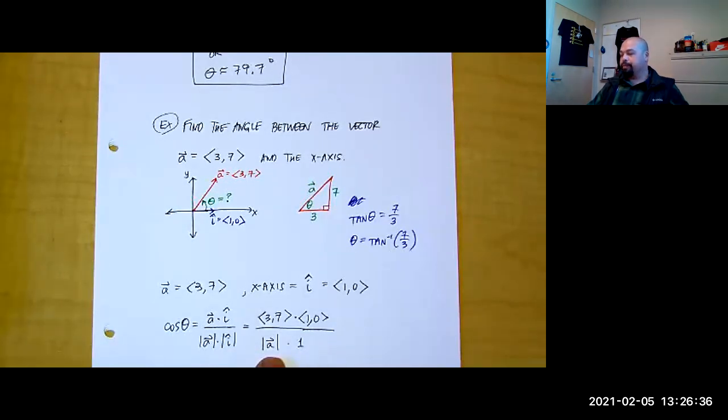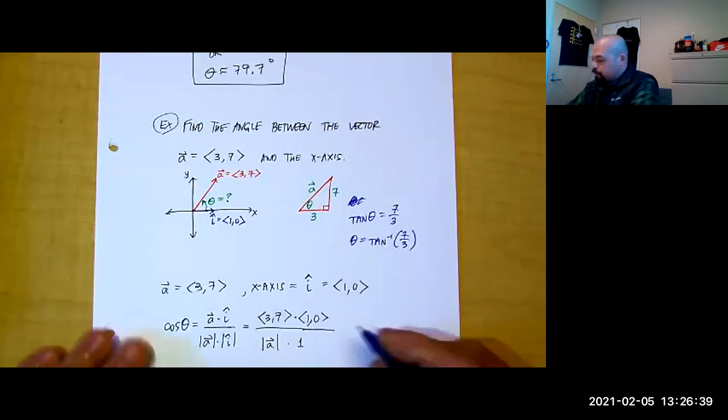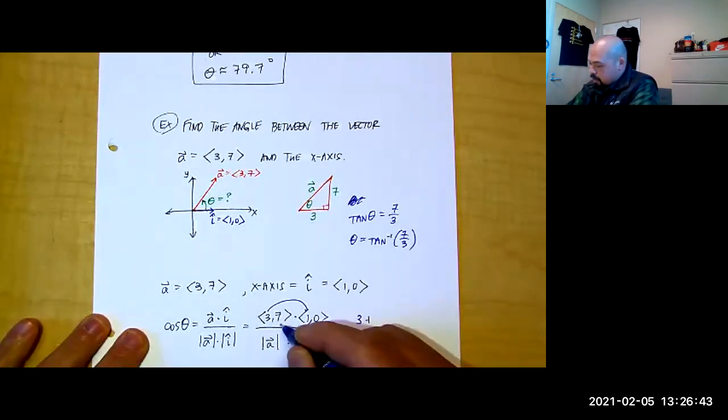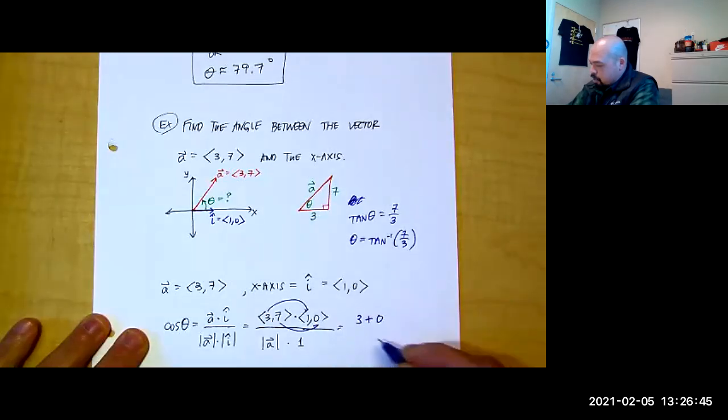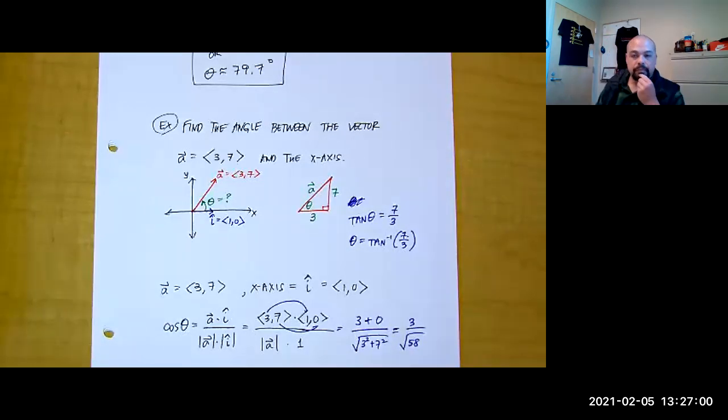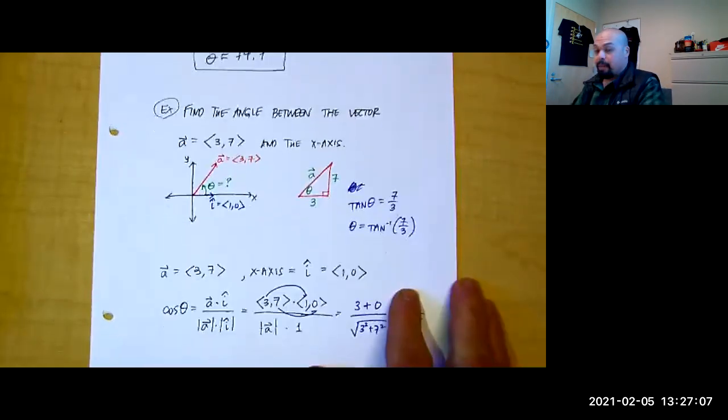So in the end, the real work is going through. 3 times 1 is 3, plus 7 times 0 is 0. The magnitude of A, the square root, 3 squared plus 7 squared, right? So we end up with 3 over the square root of 9 plus 49. Sounds like 58. Now we can go through the remainder of that problem.